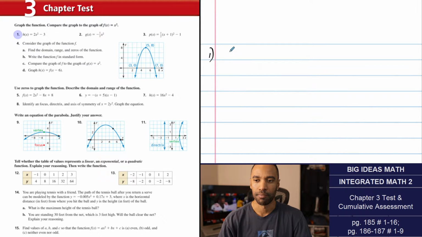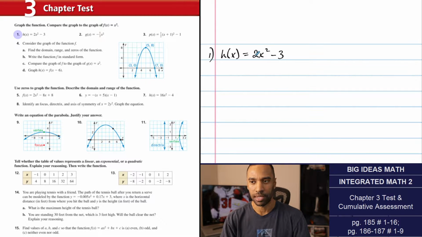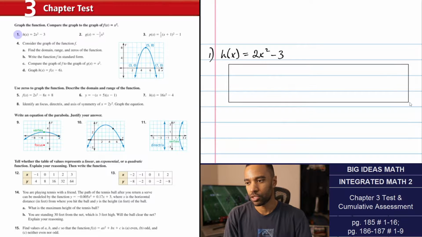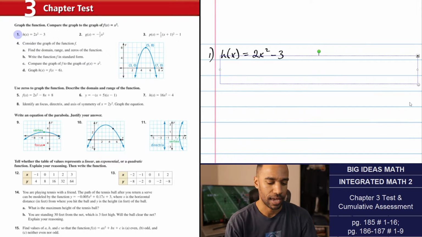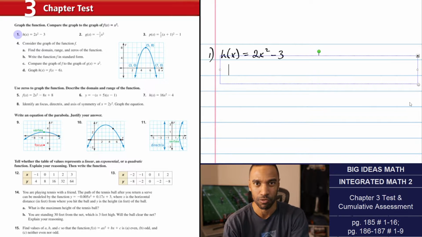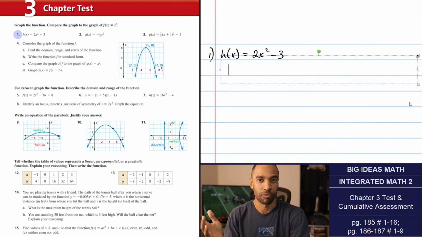So on number 1, remember, compared to f of x equals x squared, we have h of x equals 2x squared minus 3. Now let me begin with the transformation parts, describing and comparing them, and I'll go ahead and type these ones out. The 2 is your a value in this case, and I'm treating this like standard form. You can also treat it like vertex form. This is where the book differs from how I teach it.